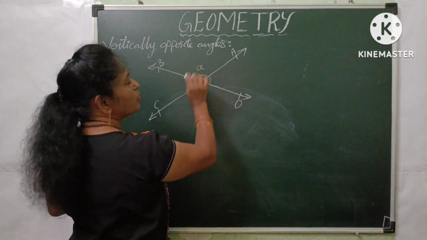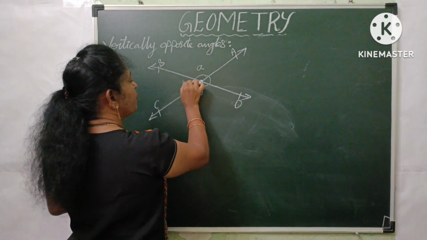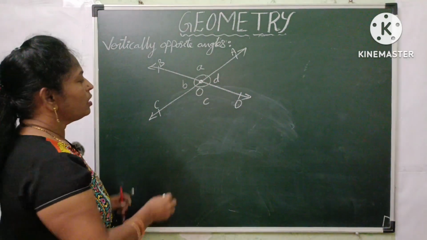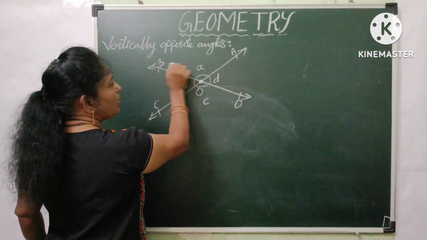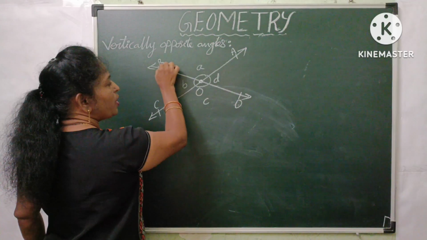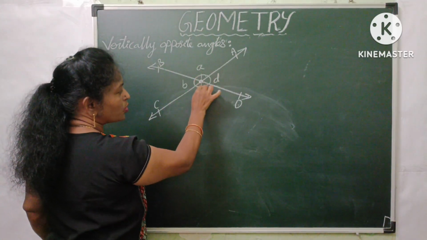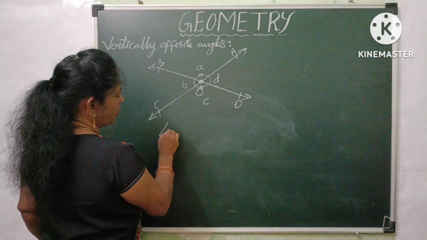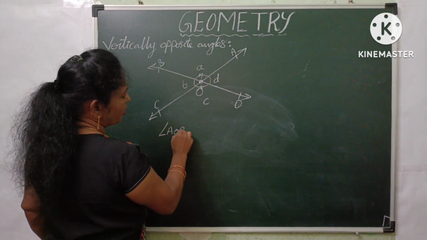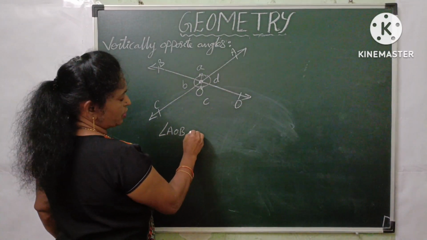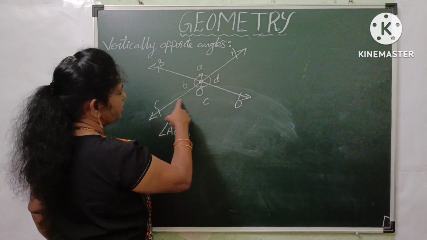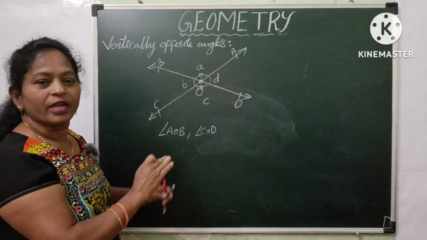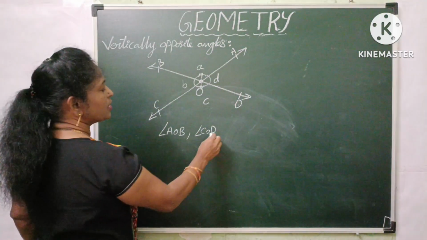Suppose here we use the small letters a, b, c, d also. And here angle AOB is vertically opposite to angle COD. So AOB and COD are a pair of vertically opposite angles.